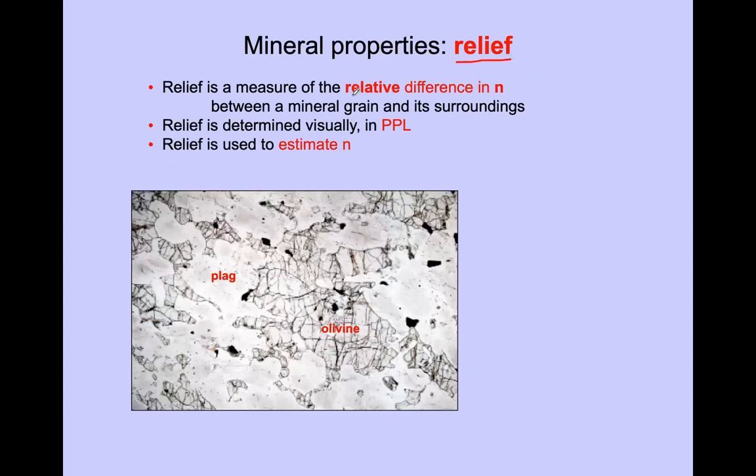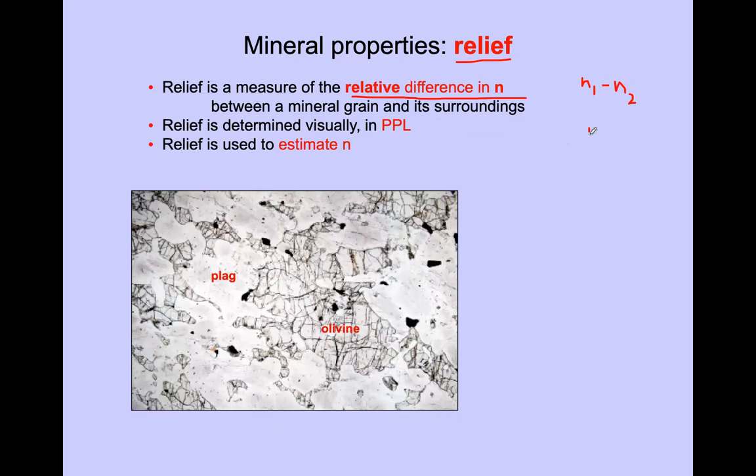Relief is actually the relative difference between the two refractive indexes. If you have two refractive indexes, that means N1 minus N2. In biaxial cases, I said there are three refractive indexes, N1, N2, and N3.